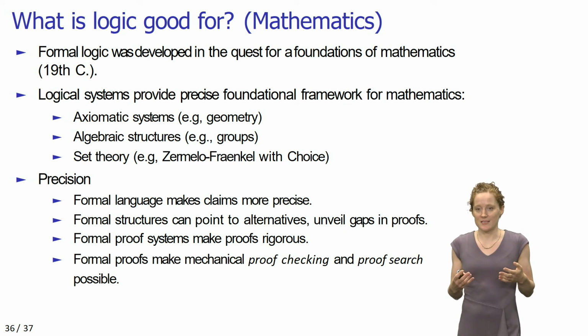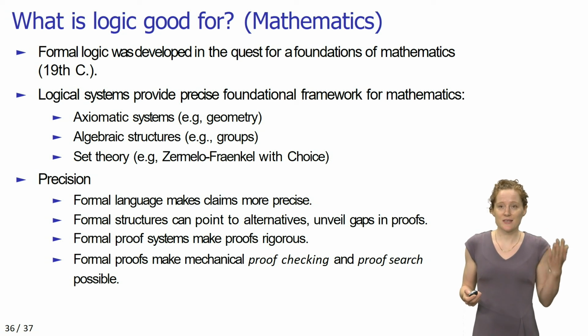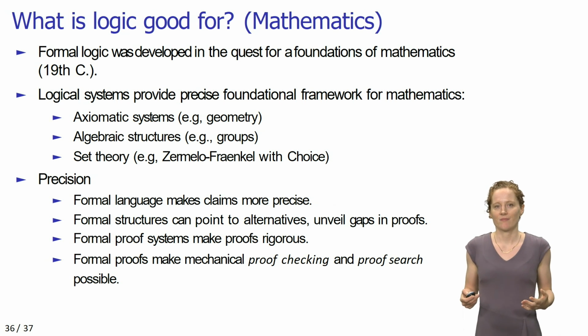And formal proof systems help to make proofs in mathematics more rigorous. So, for example, formal proof systems allow us to develop formal proofs which we then can mechanically check for accuracy and search particular lines in these proofs. So these are the most important applications of logic in mathematics.